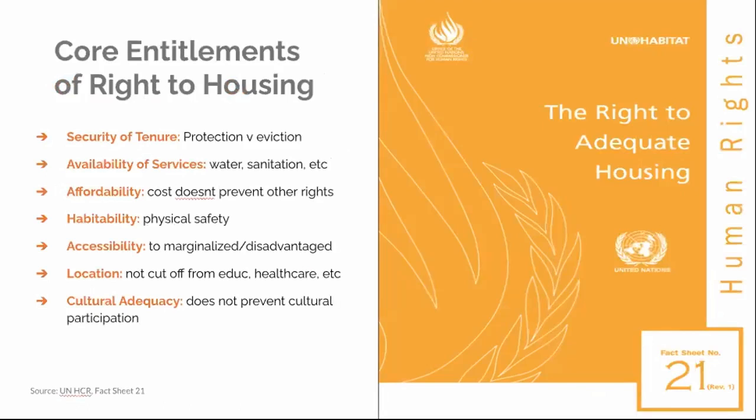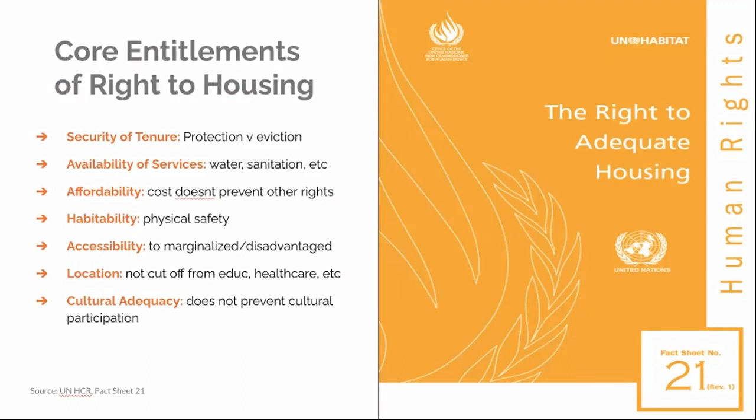So there are fact sheets that are published by the UN Human Rights Council that give the core entitlements to many different rights. So, for example, the right to adequate housing. It's not just you having a house or a place to stay, because what if it's just a cardboard box?